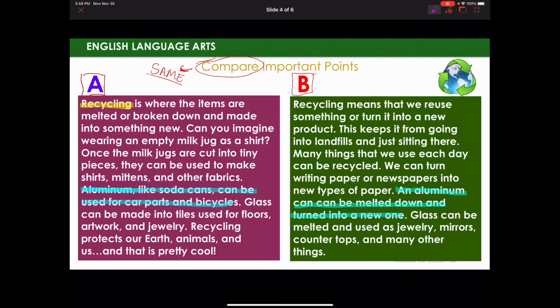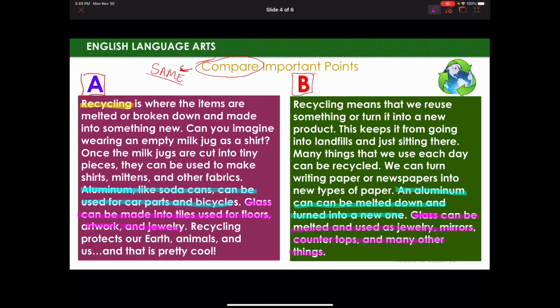I see that the author talked about glass in this passage, and they talked about glass in this one as well. So let's see. Glass can be made into tiles used for floors, artwork, and jewelry. And in this one, they said glass can be melted and used as jewelry, mirrors, countertops, and many other things.